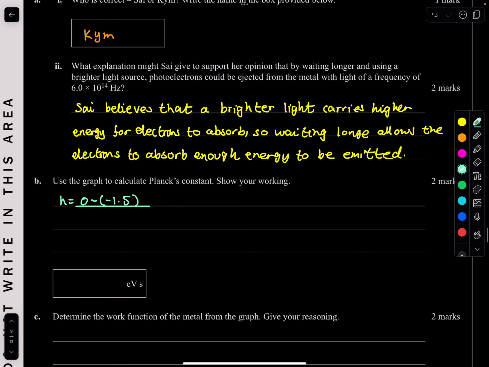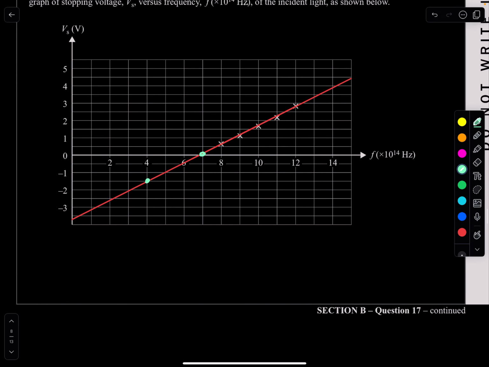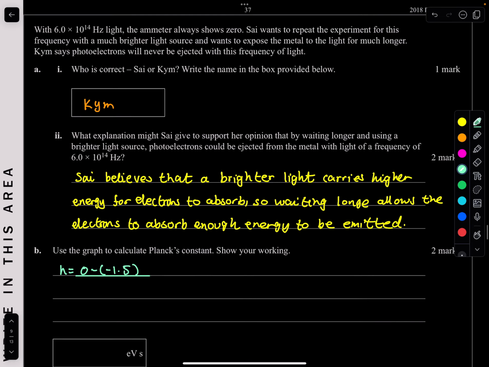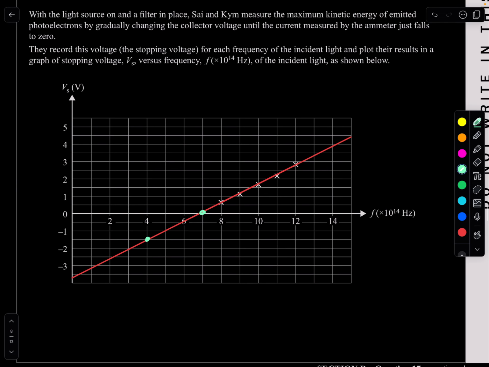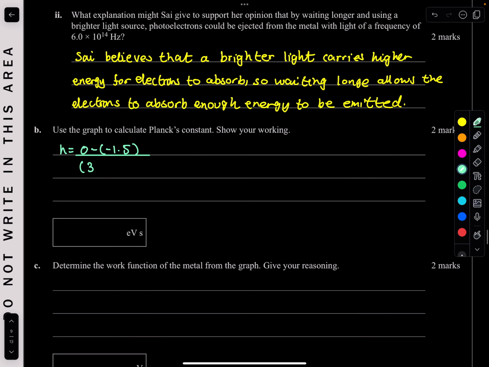Is that 7 minus 4? Yes, it is. So 3, times 10 to the power 14.